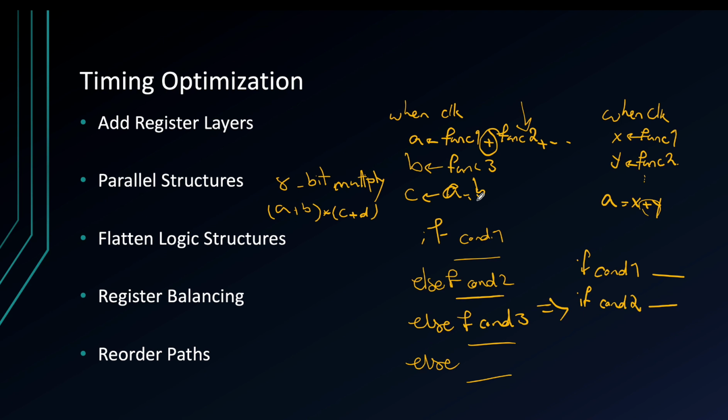Like, okay, this is how one design looks, and then this is how we can add registers to make it more optimized with respect to timing. So hopefully the next video will help you clear things up a bit more. But this gives you a good idea, and you can think of something yourself based on the explanation that I give here.